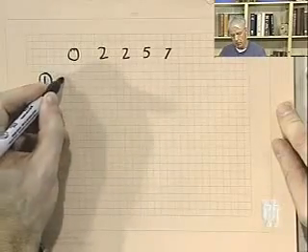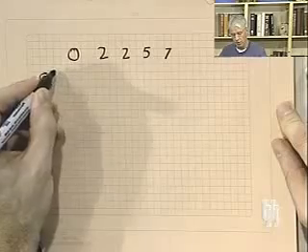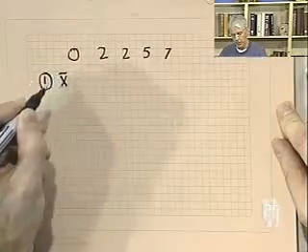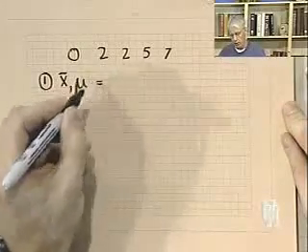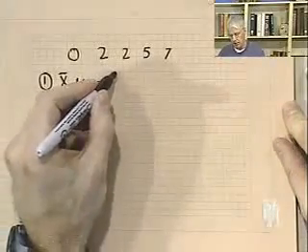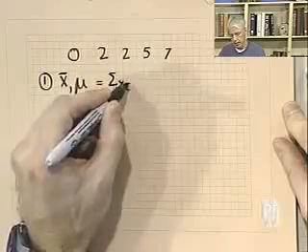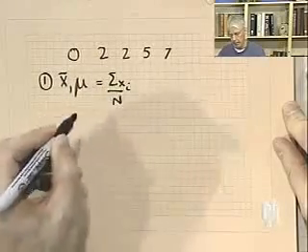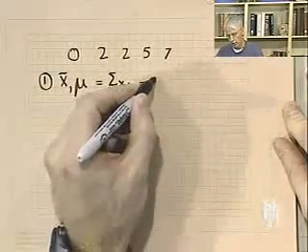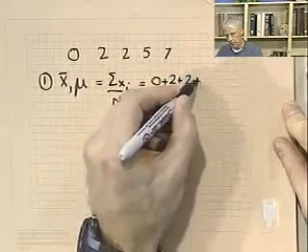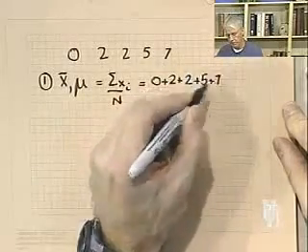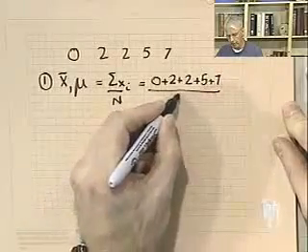It doesn't matter whether we're computing the sample mean, x bar, or the population mean, mu. We could sum xi and divide by n, which equals 0 plus 2 plus 2 plus 5 plus 7 divided by 5.